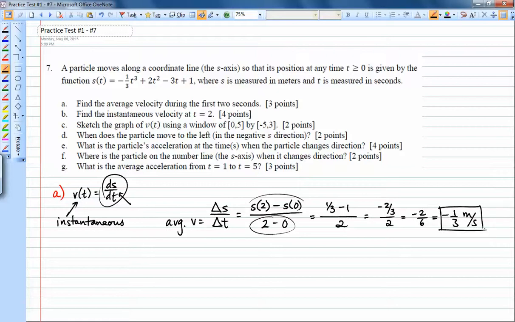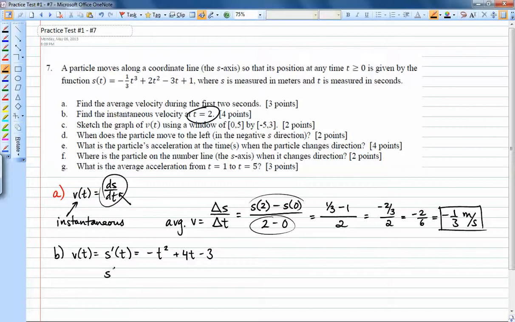So that's part A. Part B says, now find the instantaneous velocity at t equals 2. So now we take the derivative. v of t is going to be s prime of t. If we take the derivative of s of t, we're going to get negative t squared plus 4t minus 3.